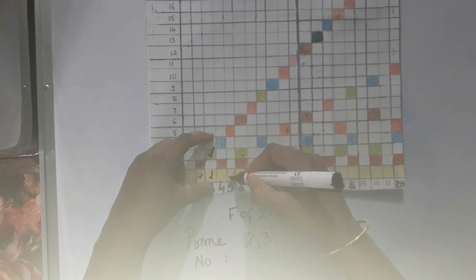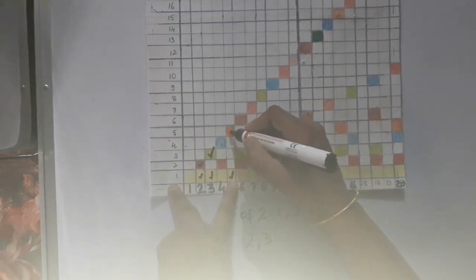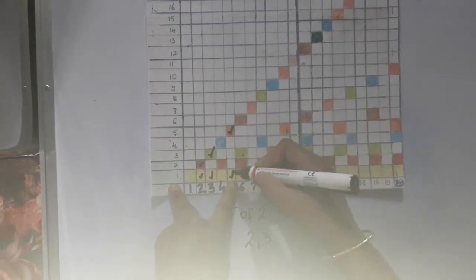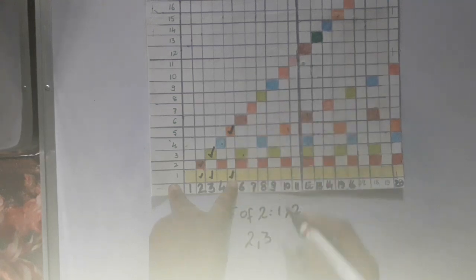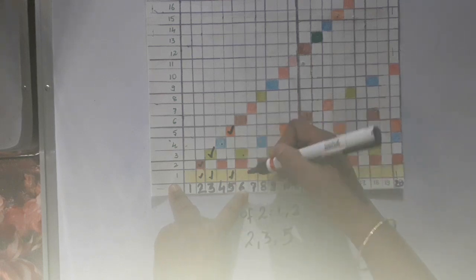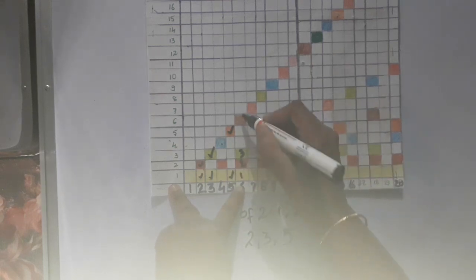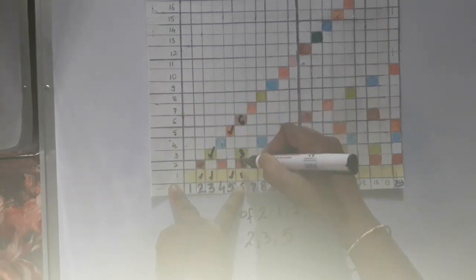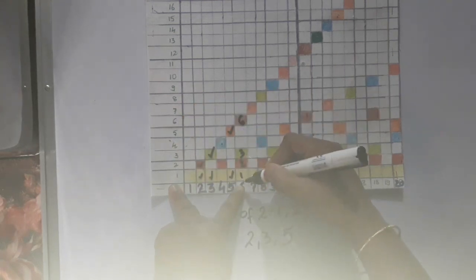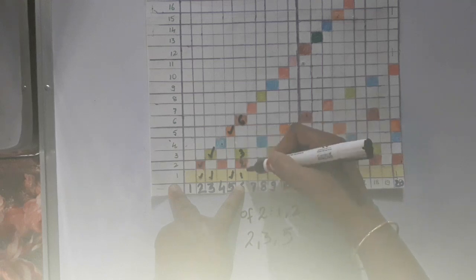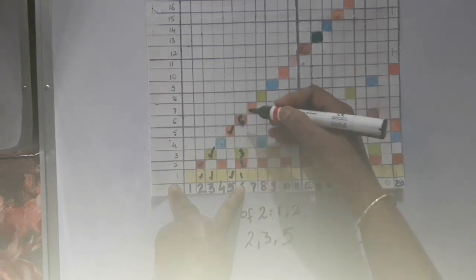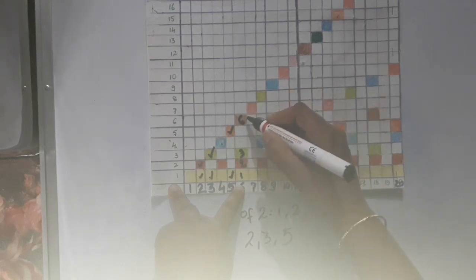In 5 you can see 1 and 5th, only 2 squares are colored, so yes, 5 is a prime number. Then when you observe 6, you can see 1, 2, 3 and 6 colored, so it has more than 2 factors, so it is not a prime number, it is a composite number.